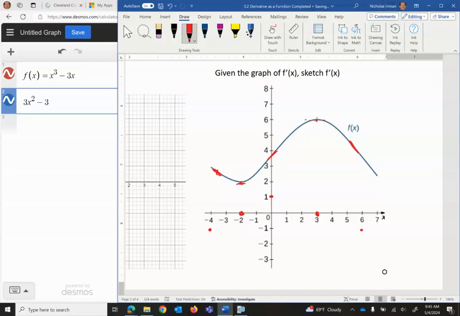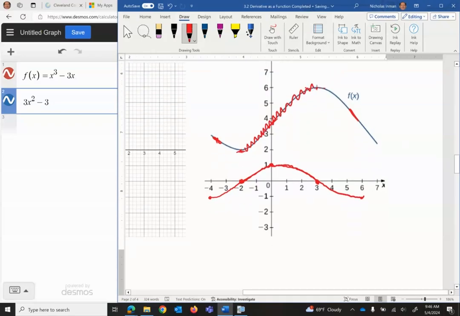So if I just start to connect these points, we have an idea of what our derivative function might look like. You see how the graph of our derivative is positive for all these values from negative 2 to positive 3? Our derivative values are positive, meaning our graph here is increasing.